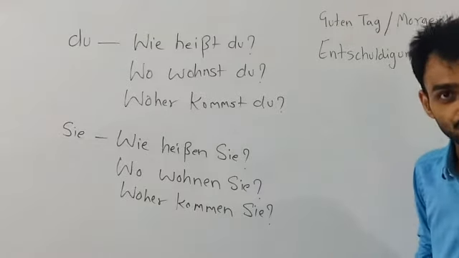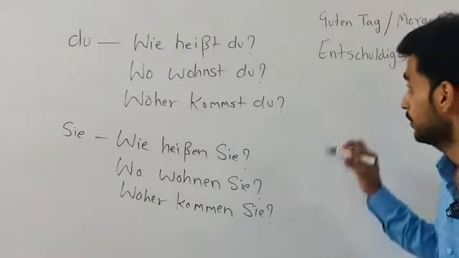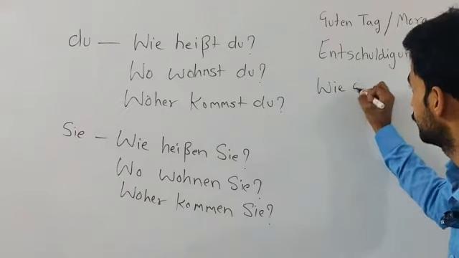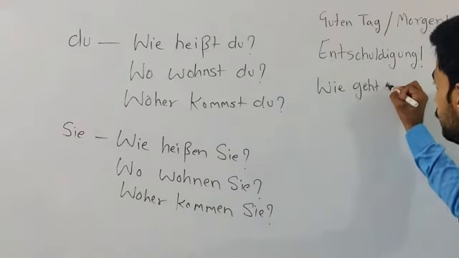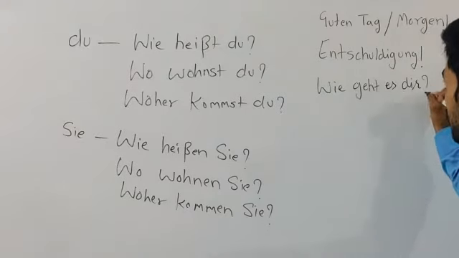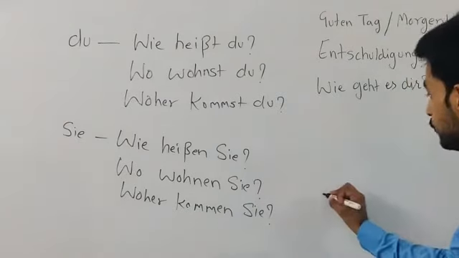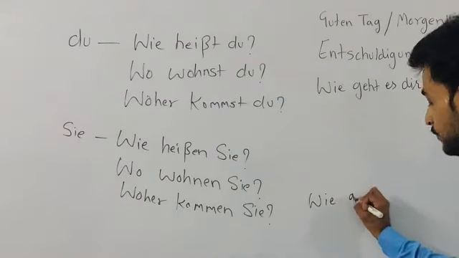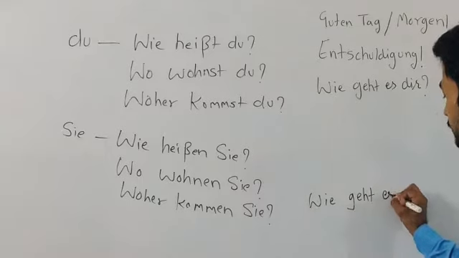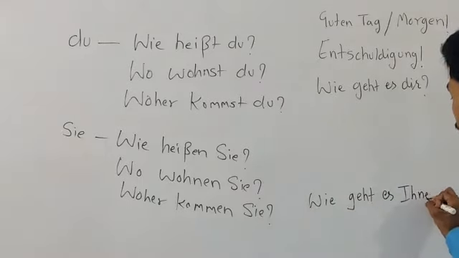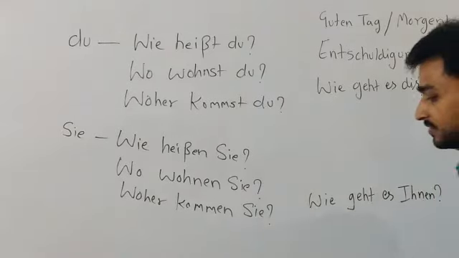Wie geht's? How are you? Again, it's informal. Wie geht's? Or Wie geht es dir? How are you? Informal. And formal, Wie geht es Ihnen? Again, the meaning is the same. Wie geht es Ihnen?